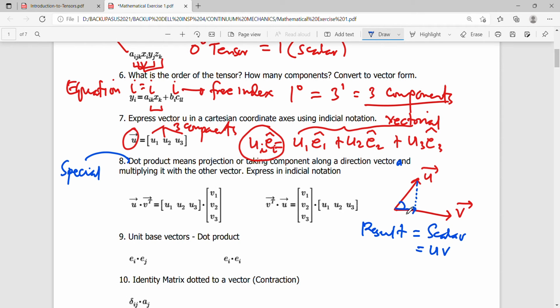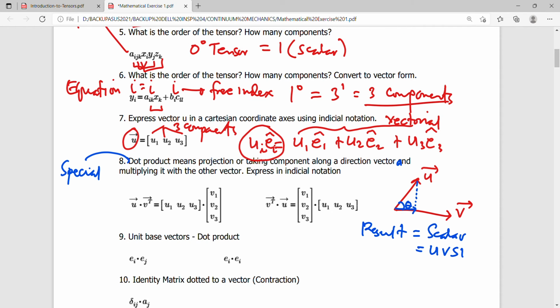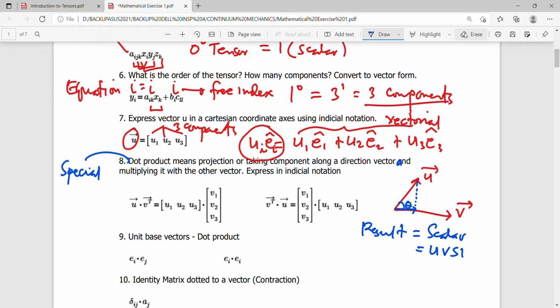Okay, if I have here an angle between them, this is simply cosine of theta. Okay, so this is cosine of the angle between them. Let's make it more accurate. So this is v times u times cosine of theta.